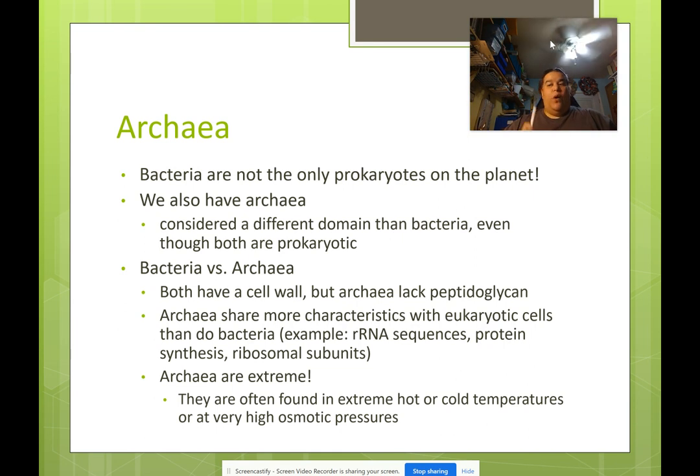Both have a cell wall. That is true. But remember that peptidoglycan that we mentioned was so important before? Archaea doesn't have it. Okay? When you compare Archaea to eukaryotic cells and Archaea to prokaryotic cells, they actually have more characteristics in common with eukaryotic cells than they do with bacteria.